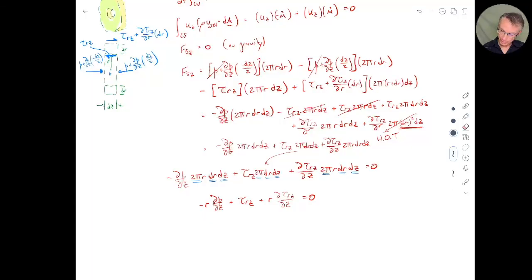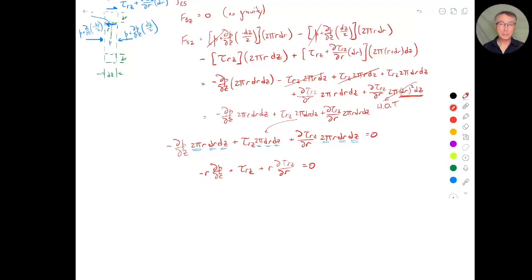This should not have been a dz. It should have been a dr there. Apologize for that. I'm doing this all on the fly, so I'm not looking at notes or anything like that, so I can make some mistakes here and there, but I'm catching them hopefully. Okay, that's what we should have.